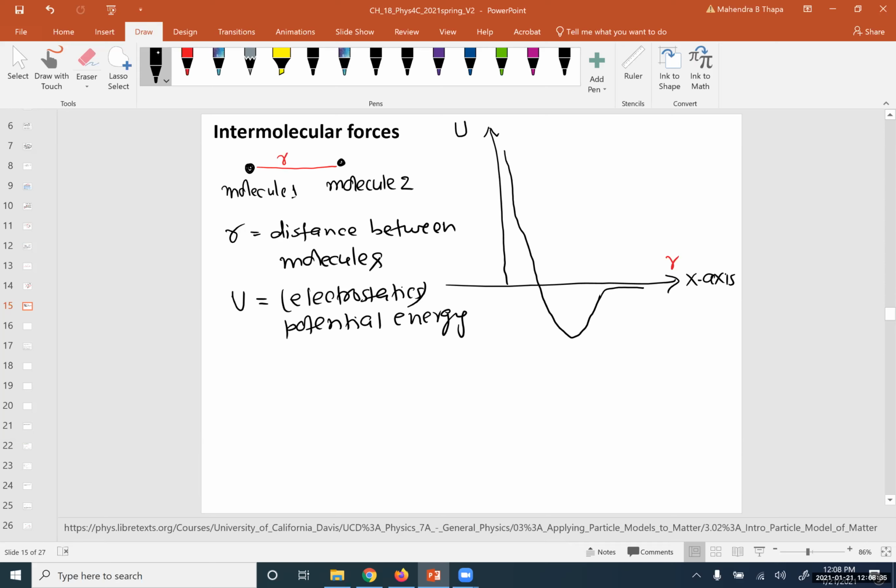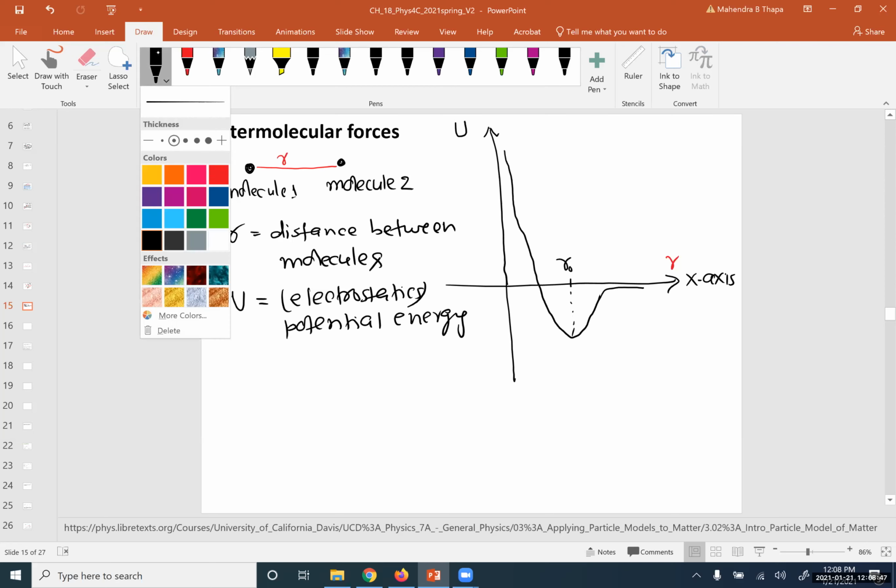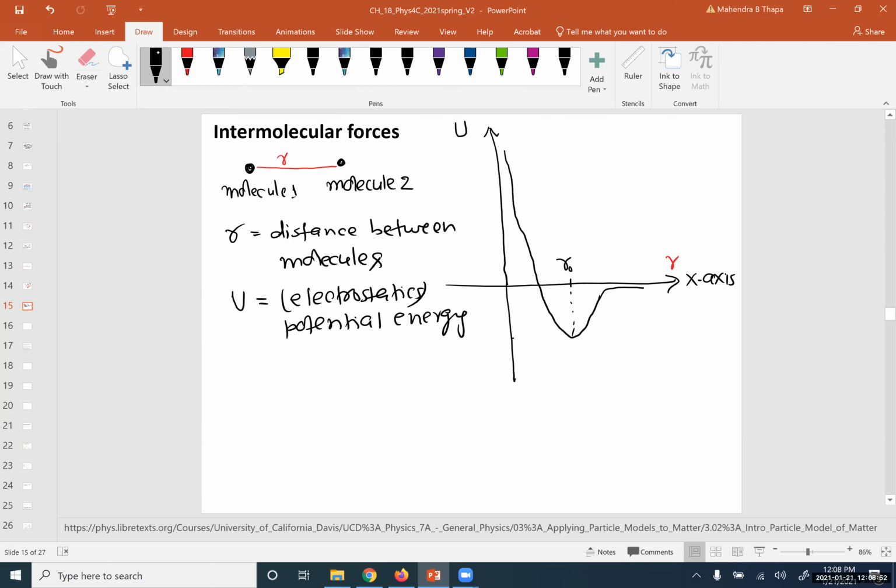You see that when the separation between atoms is r naught, the potential energy is the lowest. We represent this by U naught.